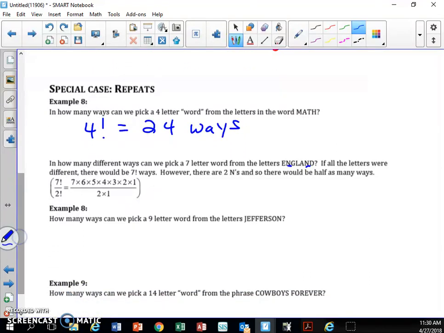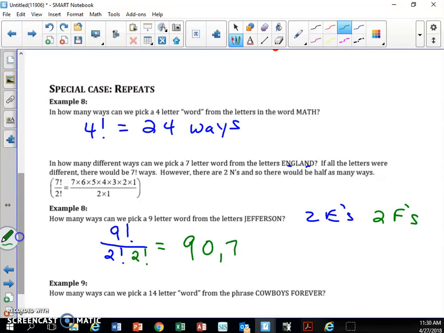So in the word Jefferson, we have 9 letters, so that's going to be 9 factorial, divided by, we have 2 E's, so we're going to do 2 factorial, and we have 2 F's, so that's going to give us another 2 factorial. So that ends up being 90,720 different ways we can pick a nonsense word from the letters in Jefferson.